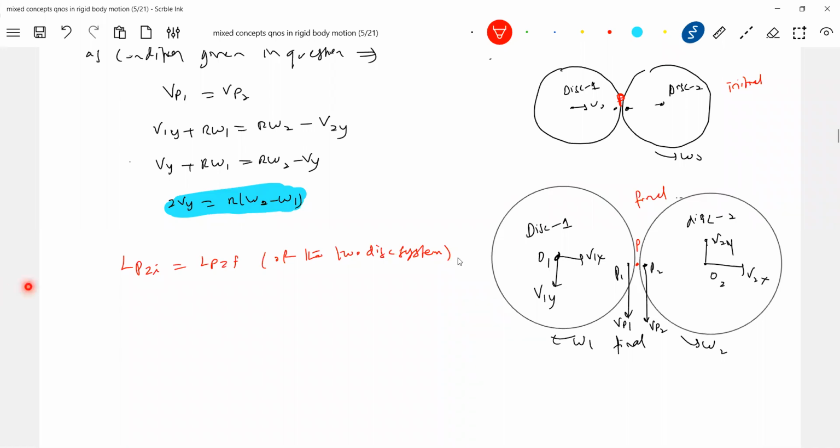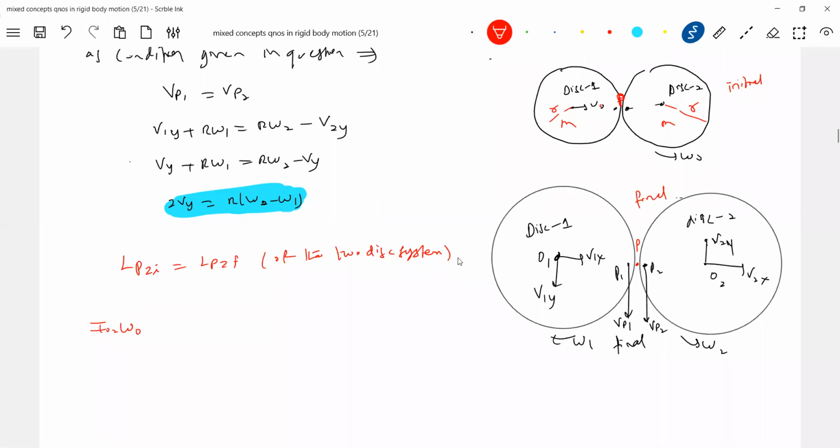What is the initial angular momentum? Looking at this, you can see this u naught will intersect the axis of rotation. So therefore angular momentum will be only due to this, and it should be equal to I O2 omega naught.